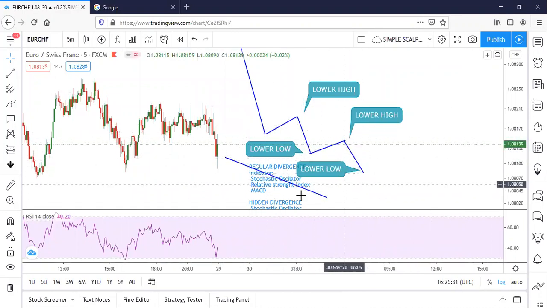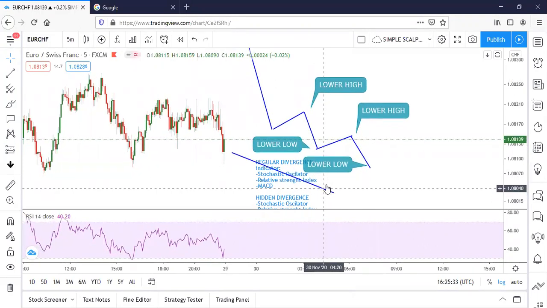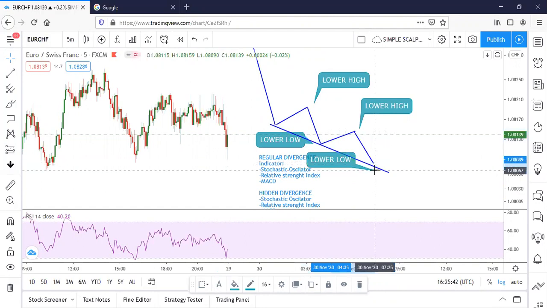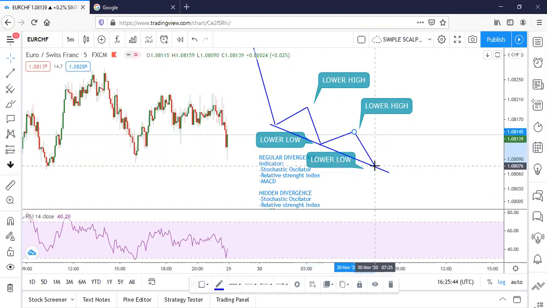But the area you want to work with is the lower low area. Like I said, you want to connect two lower lows together. It does not really matter that it has to be perfect, the way I have just drawn it. Price charts most of the time are not perfect, but you just want to spot lower low, which means this low has gone lower than this one, and this one has gone lower than this one.